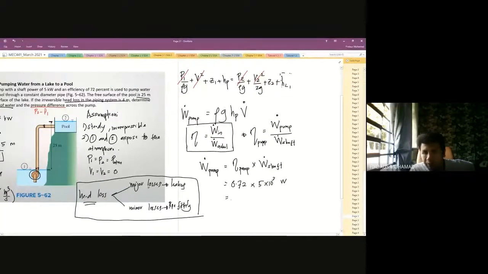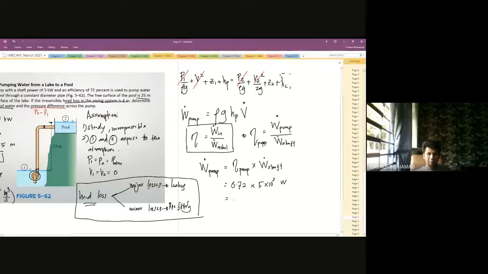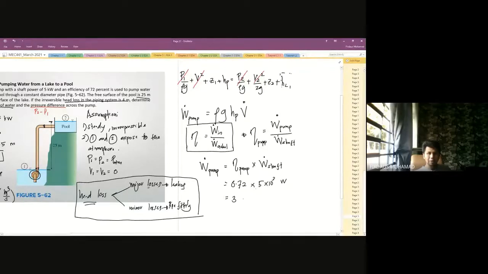So dapat 0.72 kali 5, 3.6 kilowatt. Faham? Boleh?